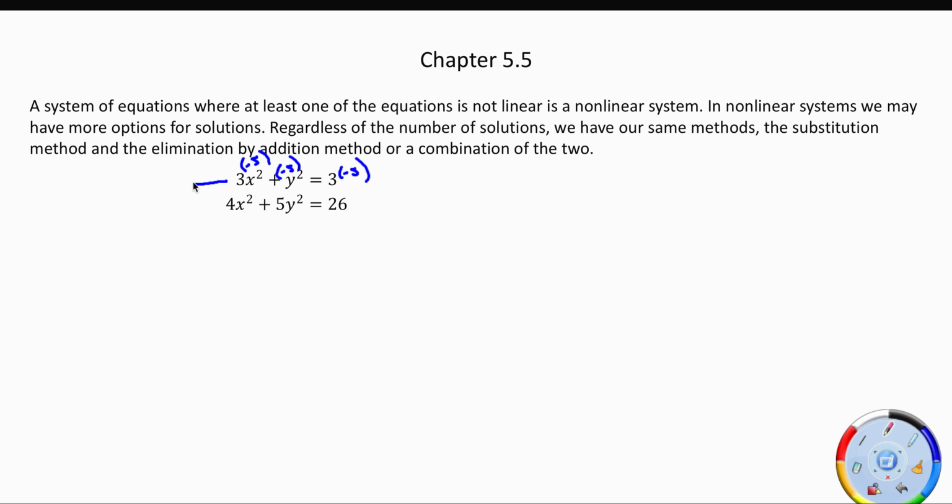And then I would get -15x squared minus 5y squared equals -15.